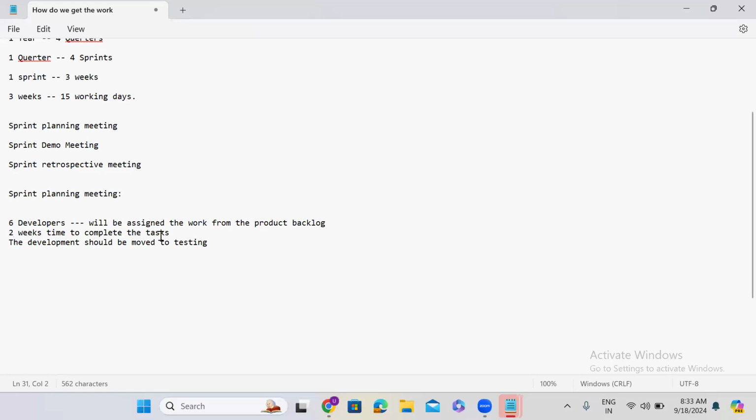By the third week, you have to move it to testing. So in the third week, you have to get it tested by the testing team. After testing is successful, there will be the sprint demo meeting.